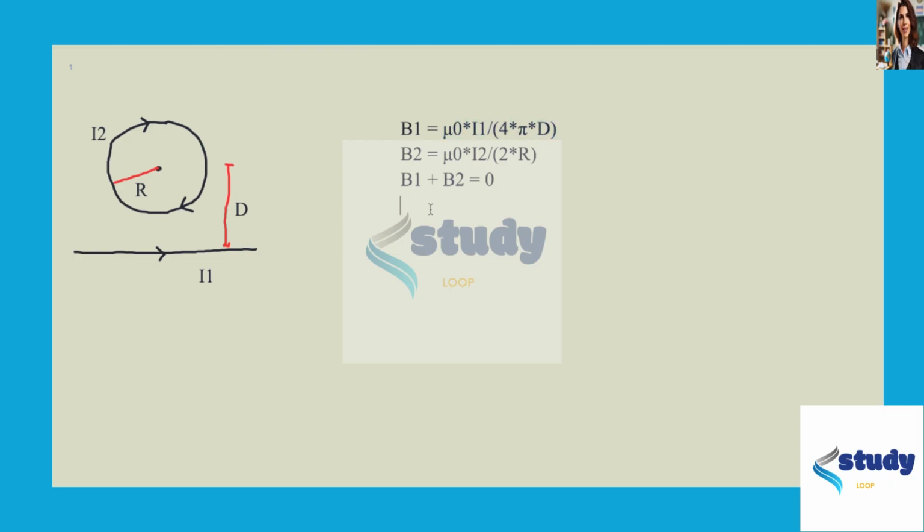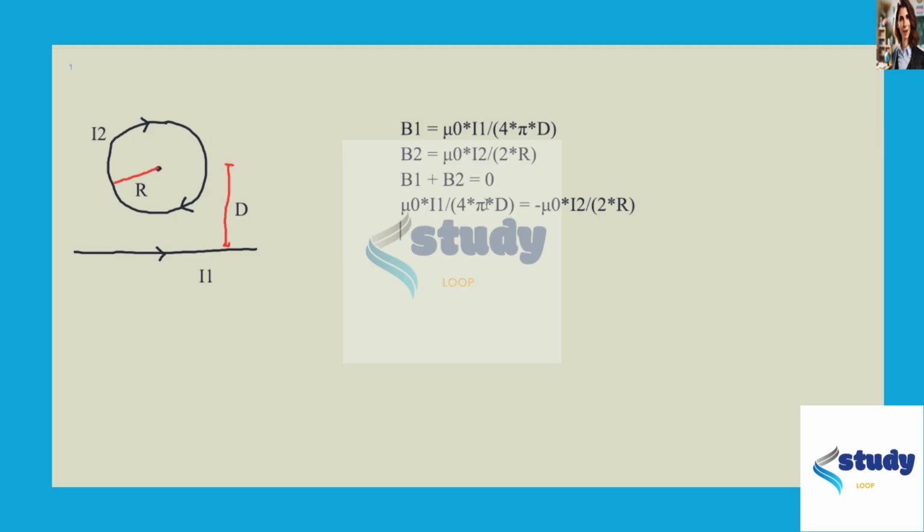So let's set mu naught I1 over 4 pi d equal to minus B2. So this is just making the sum equal to 0. Now what we want to do is solve for I1.